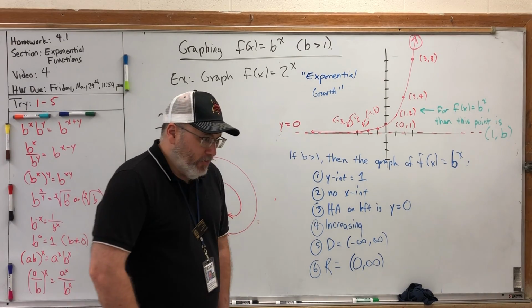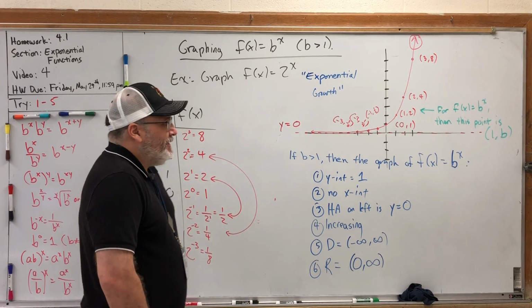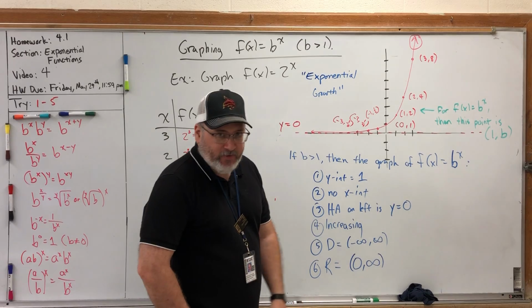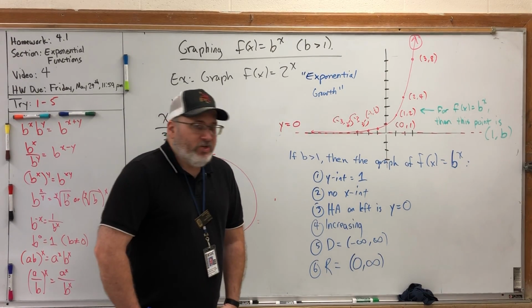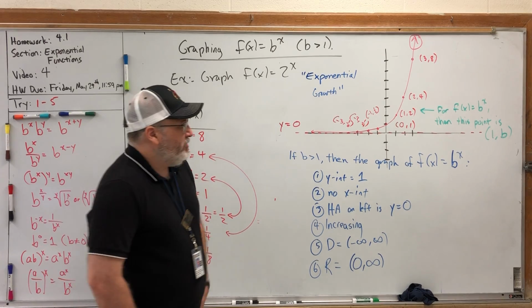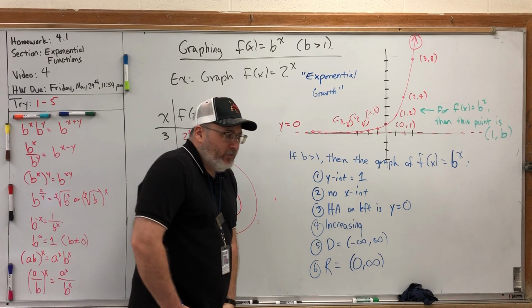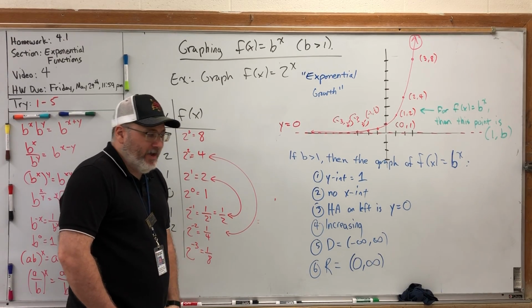One of them you may have heard in the news is the spread of a disease. People like to say that this represents the number of people that will catch a disease if it goes unchecked, but the truth is, the spread of disease is not an exponential growth, because exponential growth increases without bound. There's not an infinite number of people in the world, so at some point that growth would have to slow down.